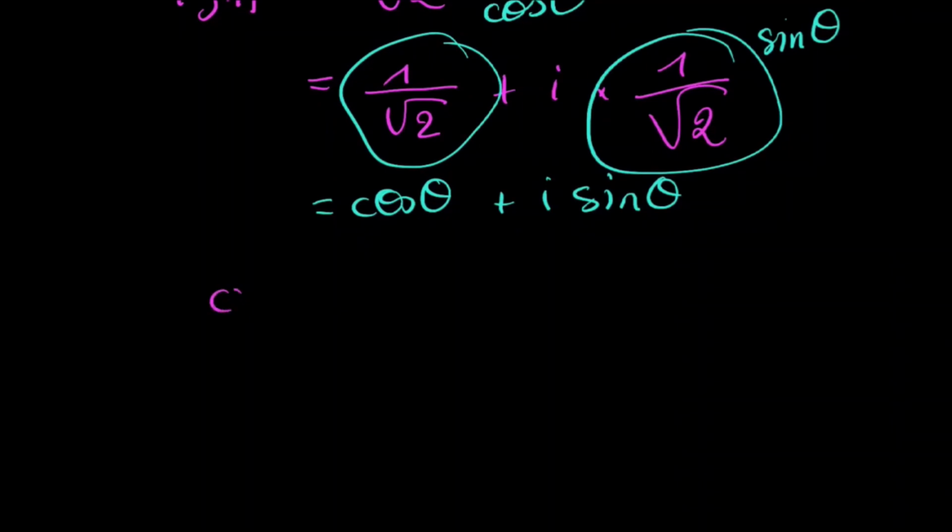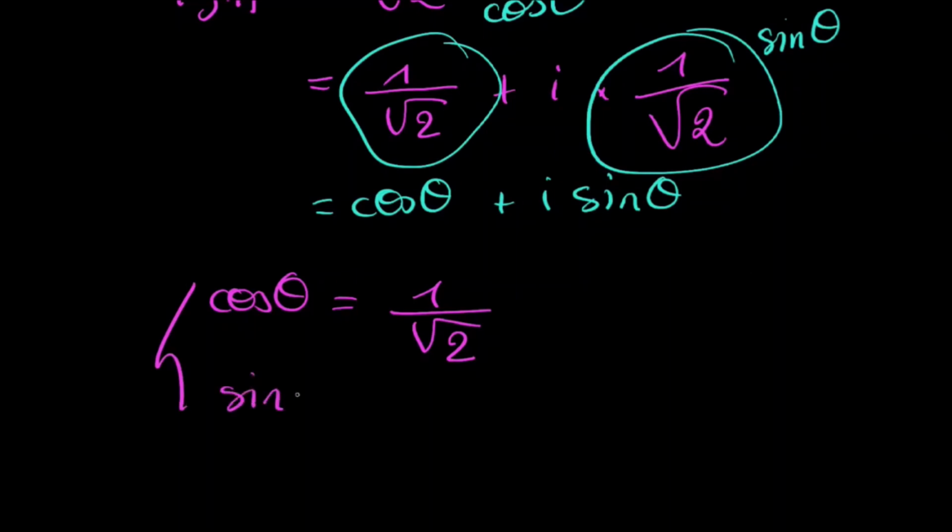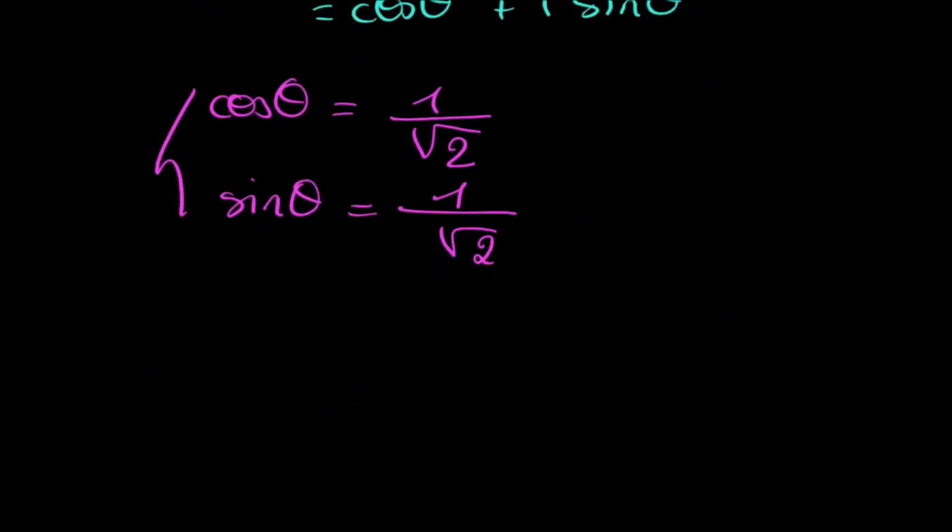Then you can write that cos theta equals 1 divided by the square root of 2, and sin theta equals 1 divided by the square root of 2.